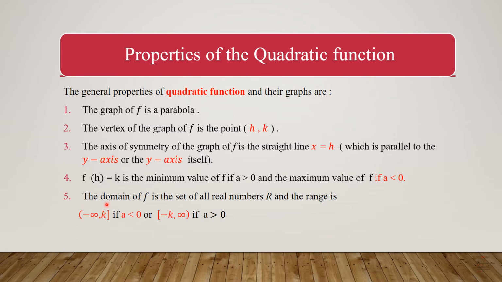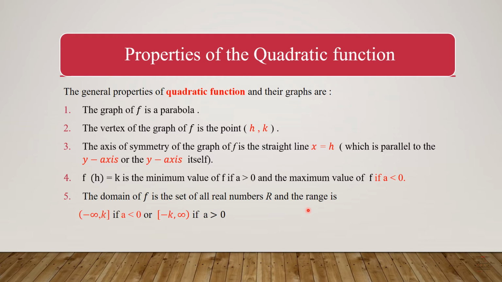The fifth and the last point, which we will understand from the graph of the parabola: the domain of f is the set of real numbers R, and the range is this. The domain, we discussed earlier, is the set of real numbers, and the ranges we will discuss from the graph.